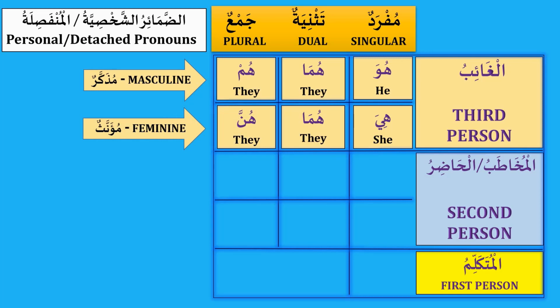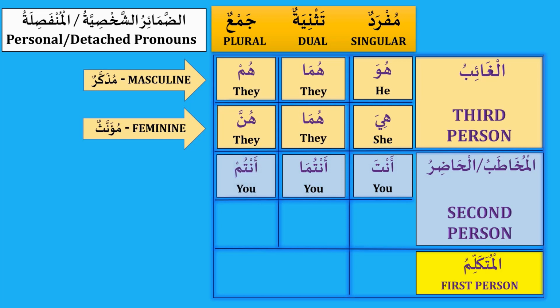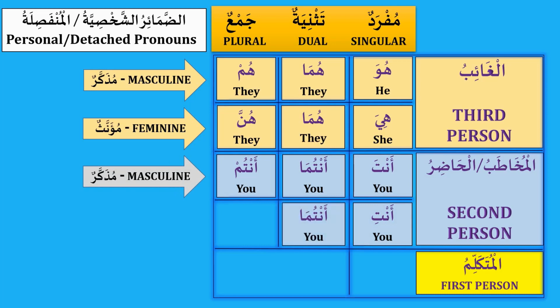And second person pronouns. Anta, you. Antuma, you for dual. Antum, you for plural. These are mudhakkar, masculine. Anti, you, singular. Antuma, you, dual. Antunna, you, plural.